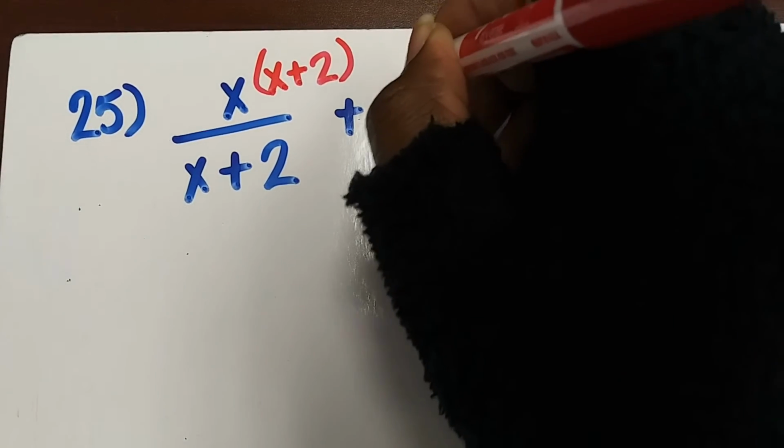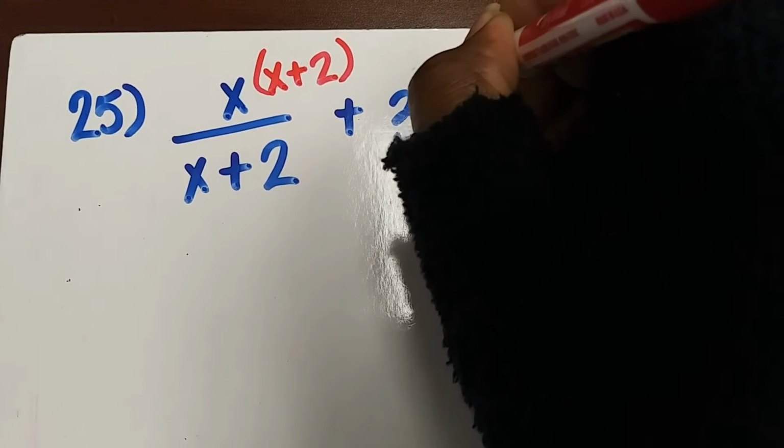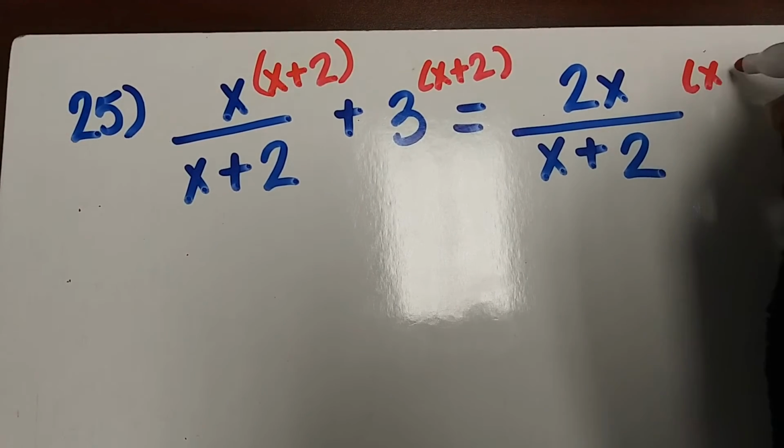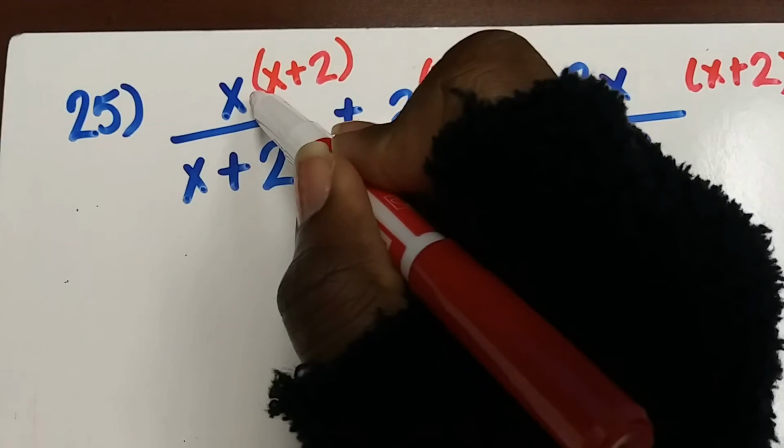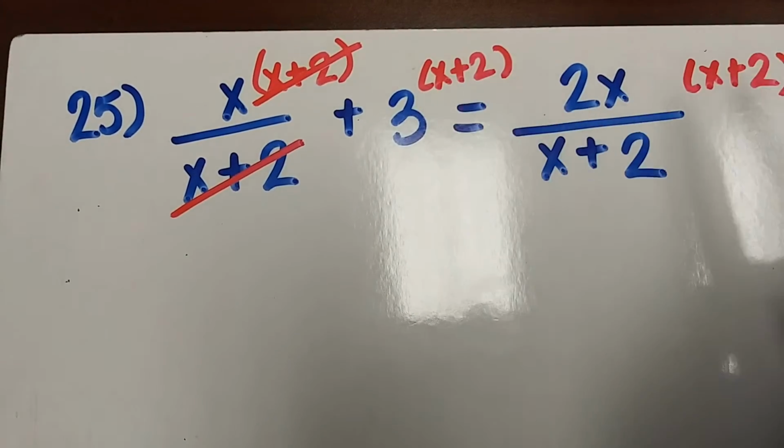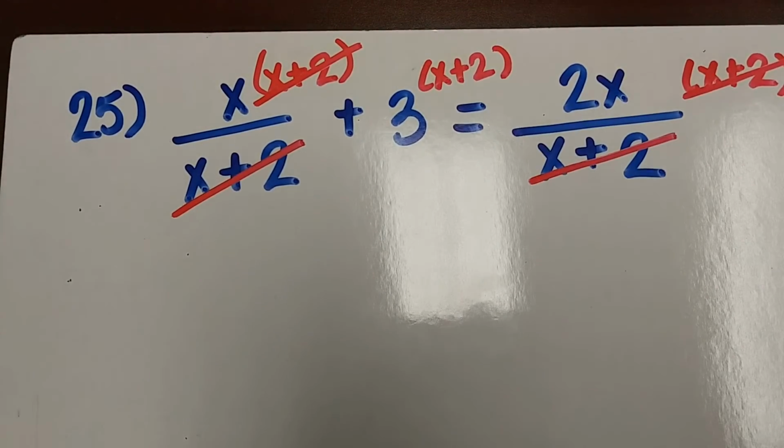I'm going to write each part and multiply it by x plus 2. Very similar to what we saw in section 6.4. What happens next? We start canceling out. When you cancel out, it needs to be one at the top, one at the bottom. If it's top and bottom, you can cancel.